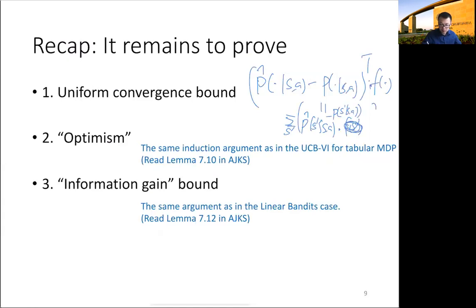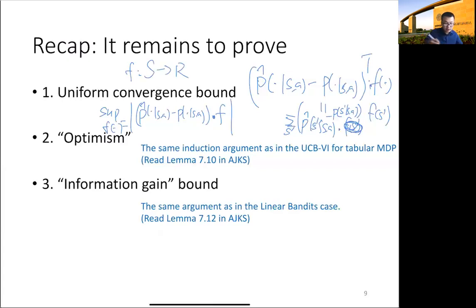It always boils down to bounding this quantity for some potentially data dependent f, and the way that we address this is to try constructing a bound that works for all possible f: the absolute value of p hat(s,a) minus p(s,a) dot product with f, for any f in this function class F, where f is a mapping from state space to some real value, and then we want to construct a uniform convergence bound of the following form.